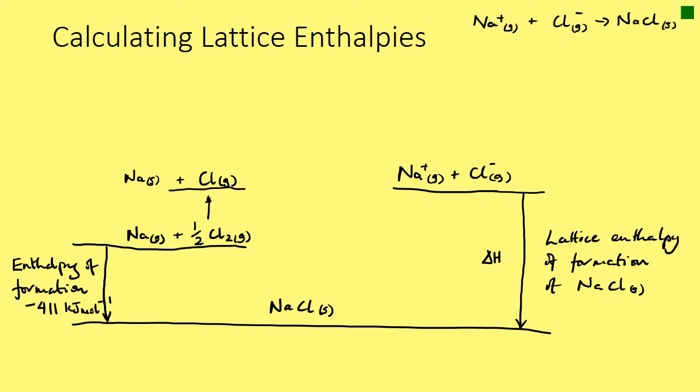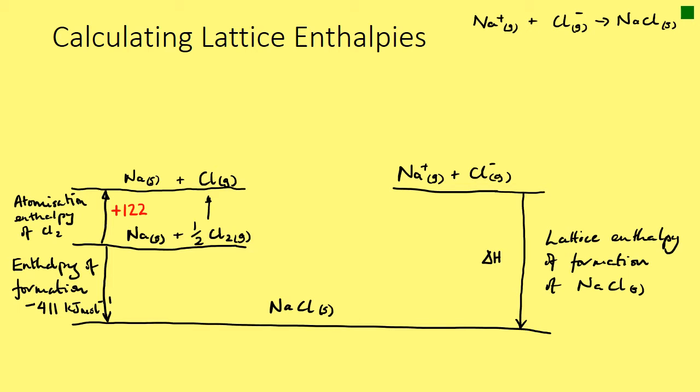We've broken some bonds, so that's endothermic, and so we're going to go upwards, and that energy there is the atomization enthalpy, in this case of chlorine. We're putting energy in, and that is plus 122 kilojoules per mole.